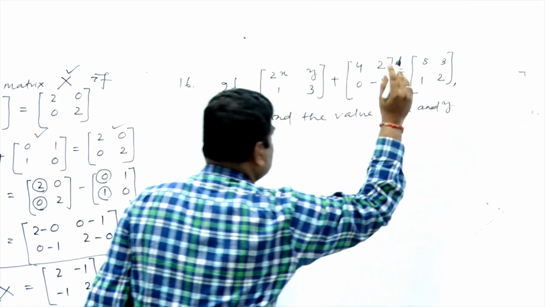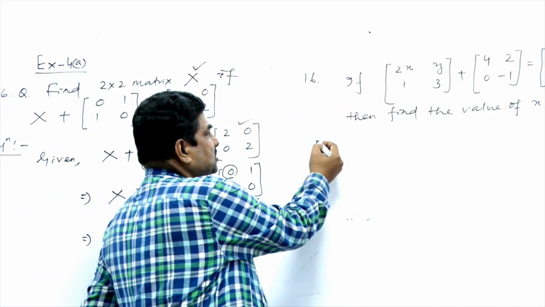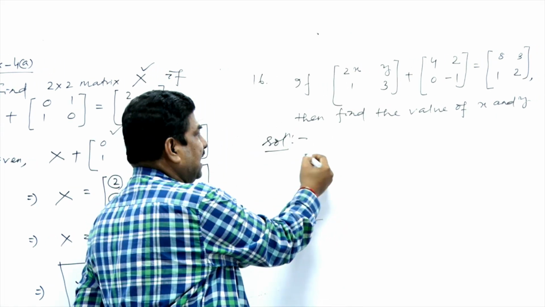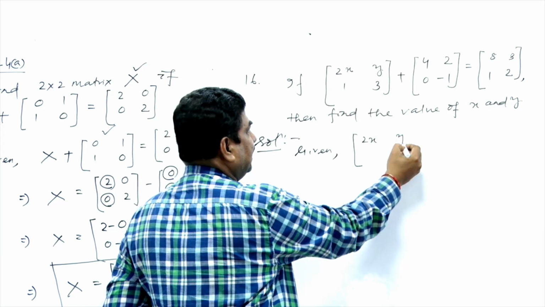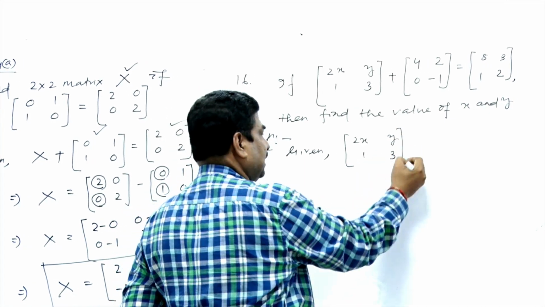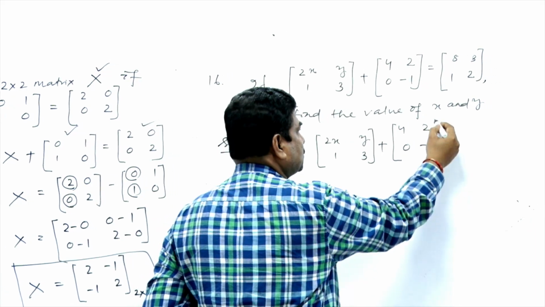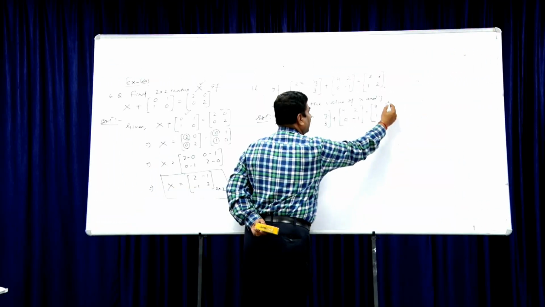Here the given condition is [2x y; 1 3] plus [4 2; 0 -1] equal to [8 3; 1 2].